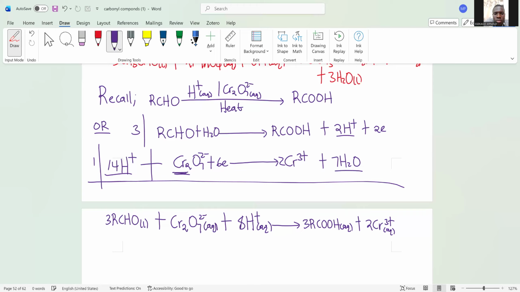Here I have 7H2O, but here I have 3H2O. Too much water is on the right, so the 3H2O will go on the right, so that I have 7 minus 3, those are 4 H2O. So that is the equation I am having.